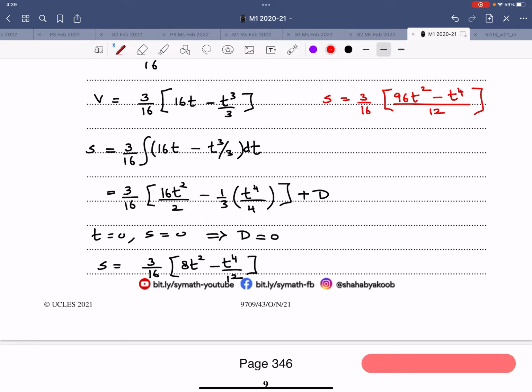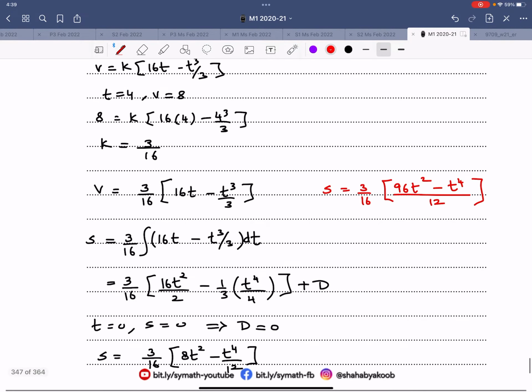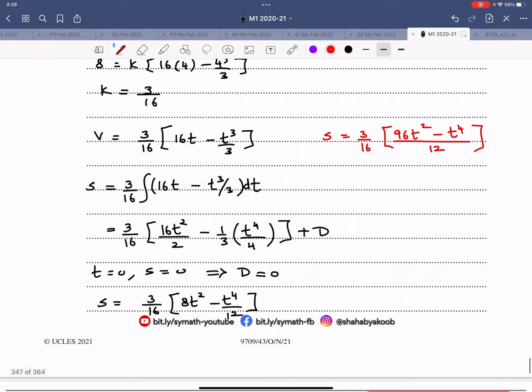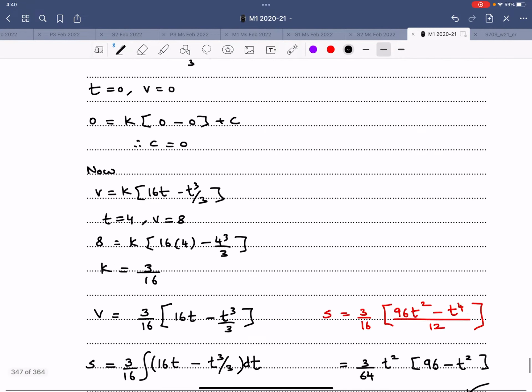Now 16 into 12, I can simplify: 3 over 64. Take t square common out, and that is 96 minus t square. So now this is in that particular format.